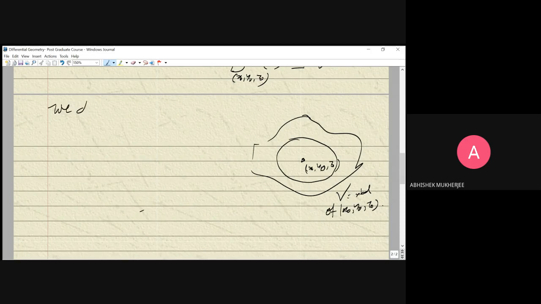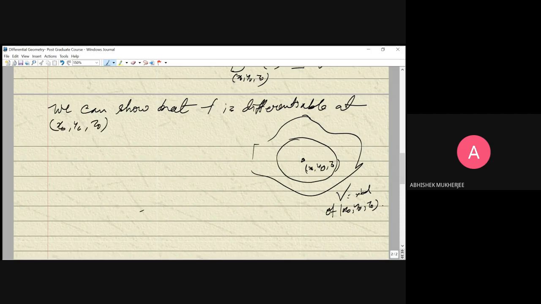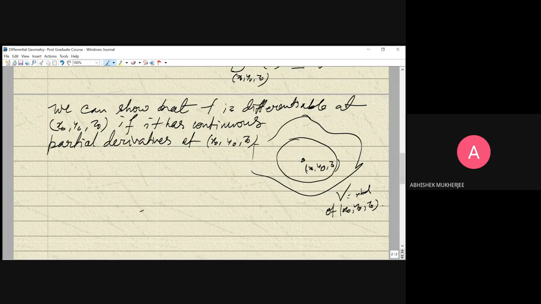Now we define that the map F is... In terms of our definition, we can show that F is differentiable at x naught, y naught, z naught if it has continuous partial derivatives at x naught, y naught, z naught of all orders.